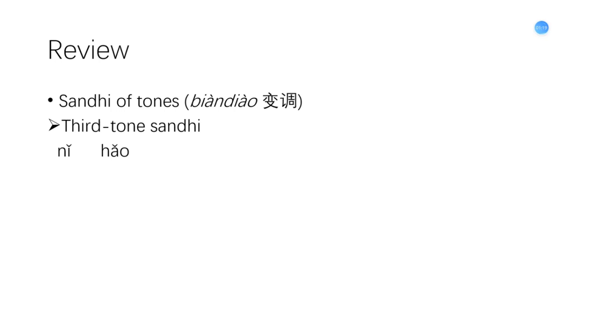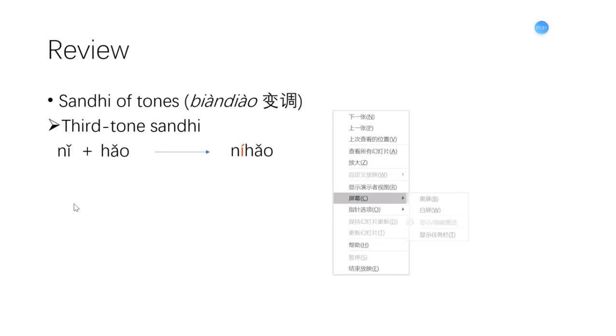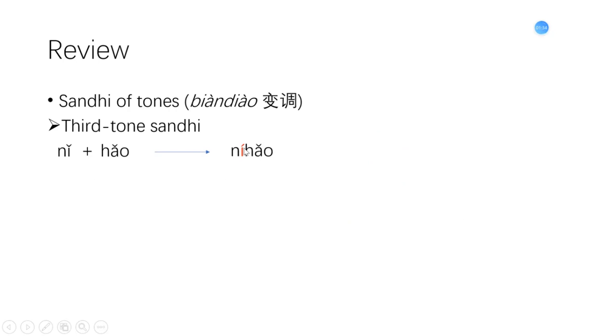So the rule of third tone Sandhi is like this. If one third tone syllable is followed by another third tone syllable, the first third tone syllable changes to second tone, right? Like in this case, 你 and 好 are both third tone syllables.